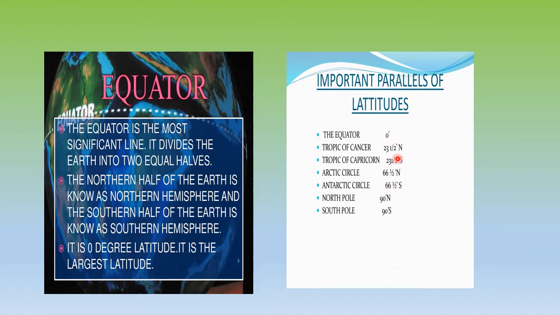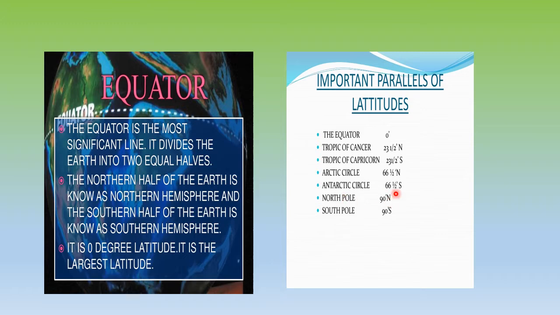Now, how do we distinguish the two? How do we understand which hemisphere it belongs to? For Tropic of Cancer, whenever we are writing, we will write N because it belongs to the northern hemisphere. Similarly, for Tropic of Capricorn, we will write S. We will write N for Arctic Circle and S for the southern hemisphere, for Antarctic Circle.